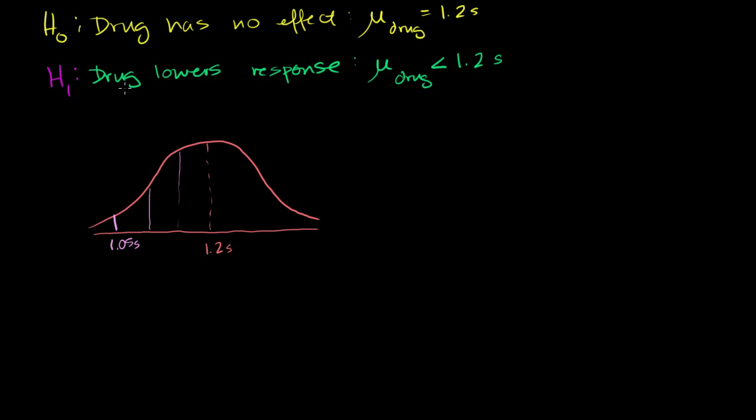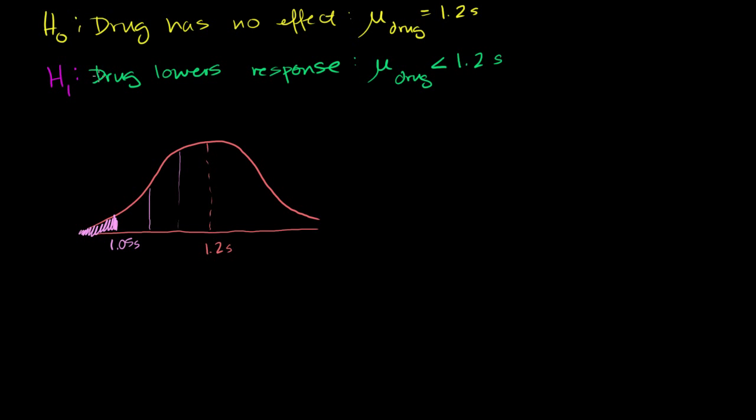But here we only care: does the drug lower our response time? And just like before, let's say the drug doesn't lower our response time. If it doesn't, what is the probability of getting a lowering this extreme or more extreme? Here it will only be one of the tails that we consider.